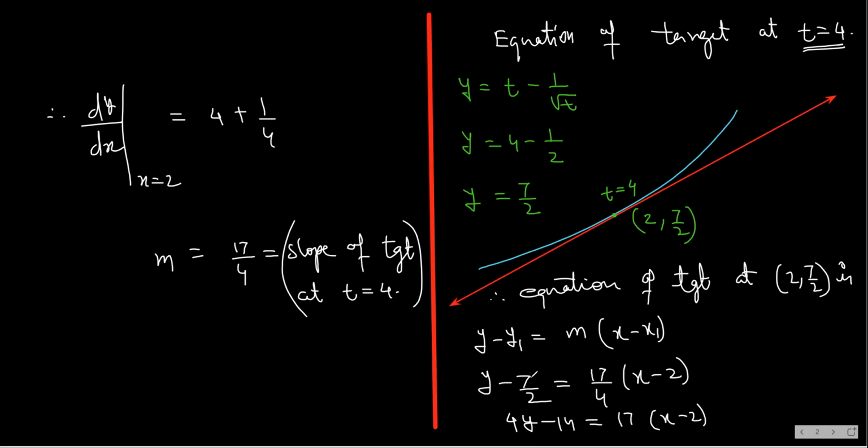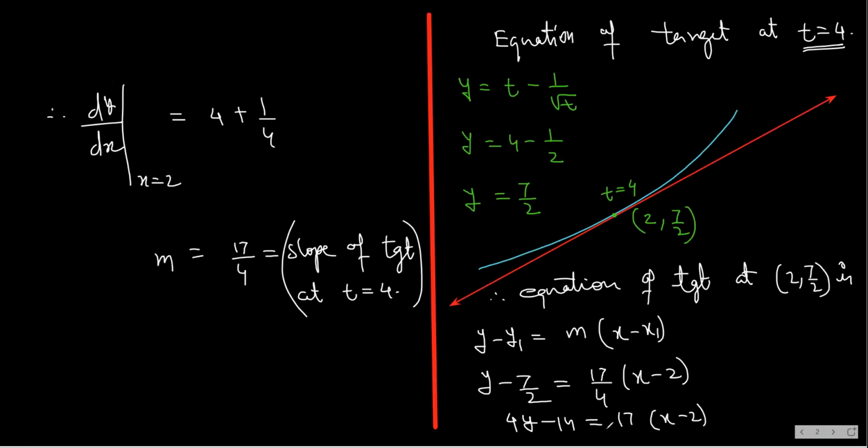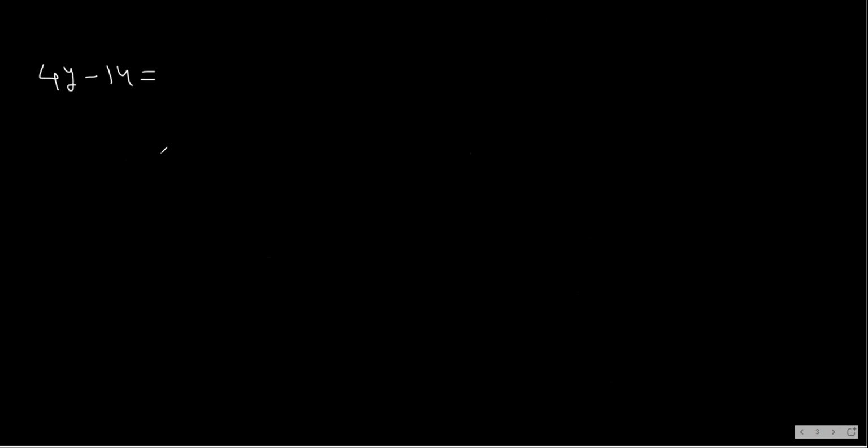Here 2 cancels, so you get 14, and this is 17. This 4 cancels, you are left only with 17 into x minus 2. So the next step, you will get 4y minus 14 equals, multiply the 17 inside, 17x minus 34. So you get, therefore, 17x minus 4y minus 20 equals 0.